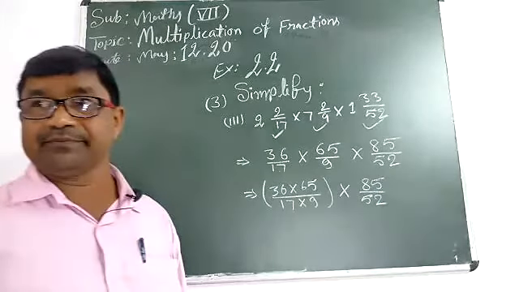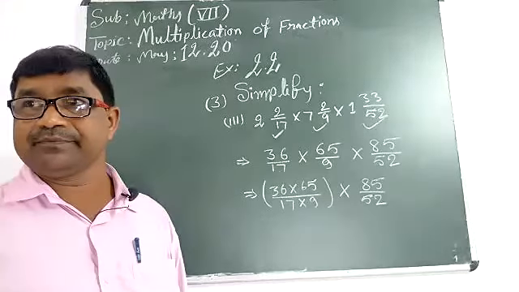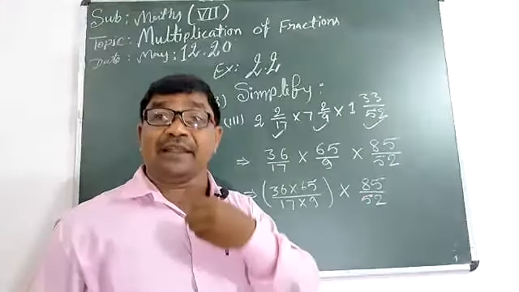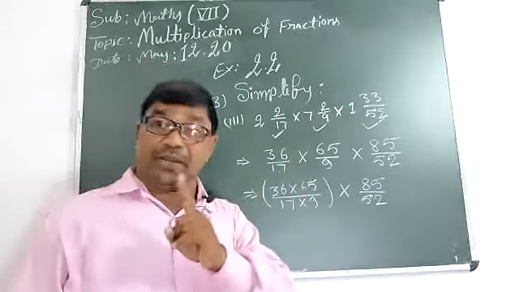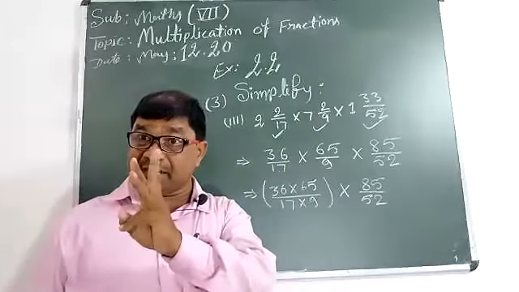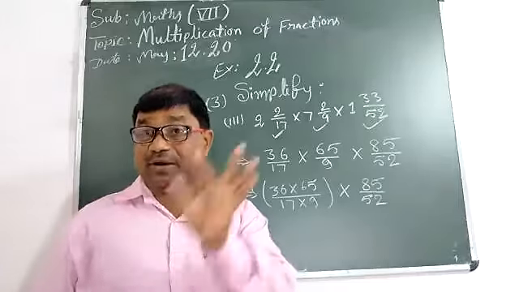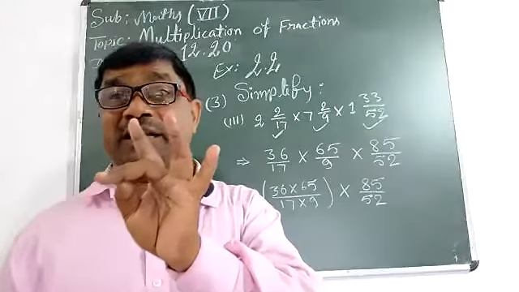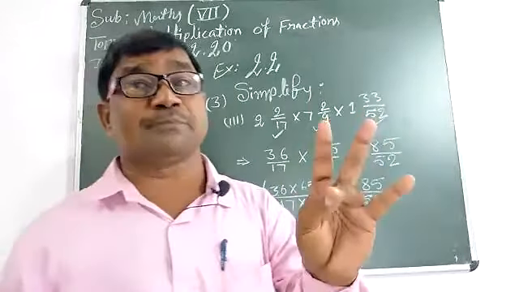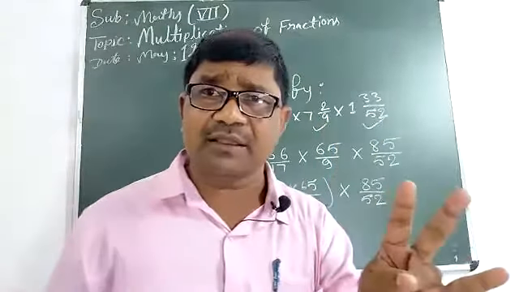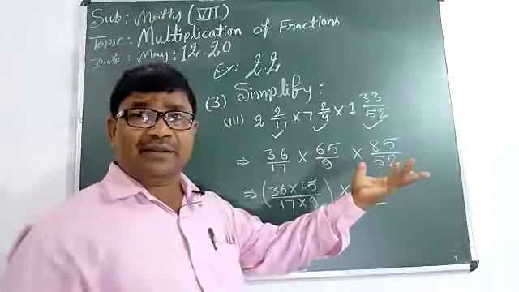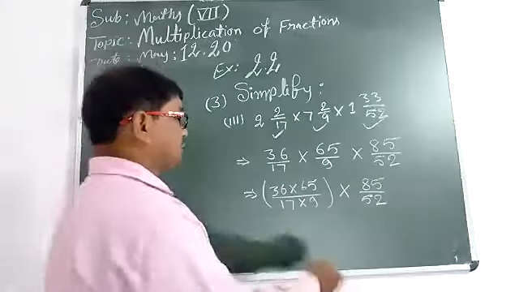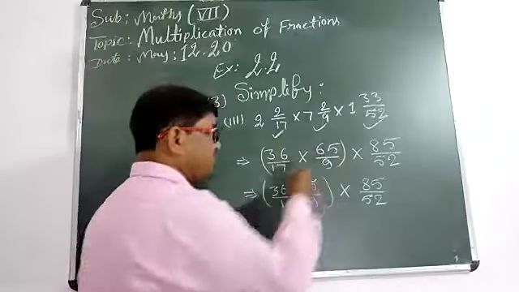Understood? Listen again. You have three terms. It means more than two fractions. But we know only three departments in multiplication. One is multiplicand, another is multiplier, another one is product. Okay. Here three are given. So first we should multiply these two.